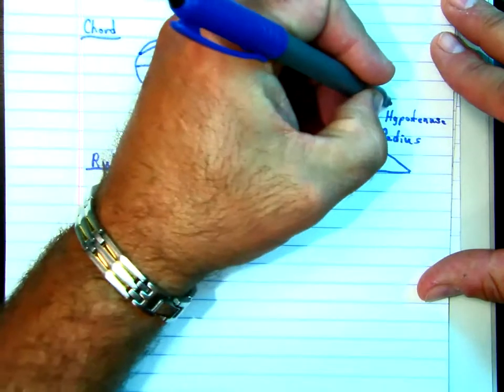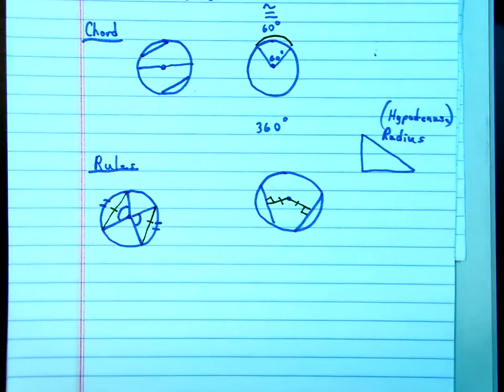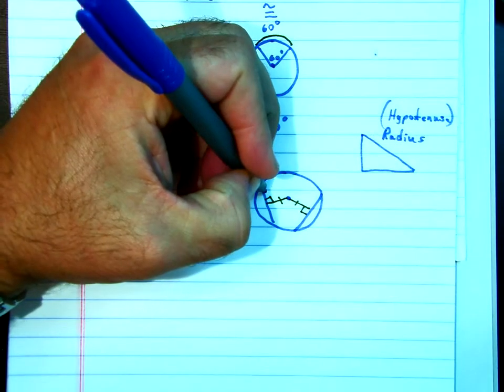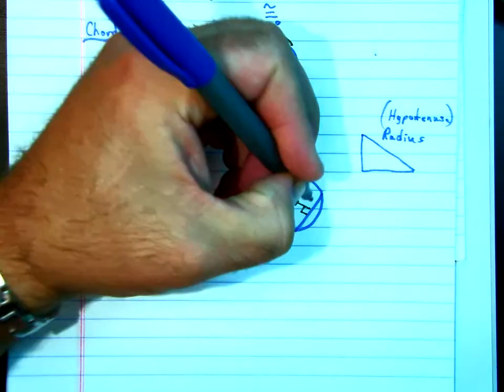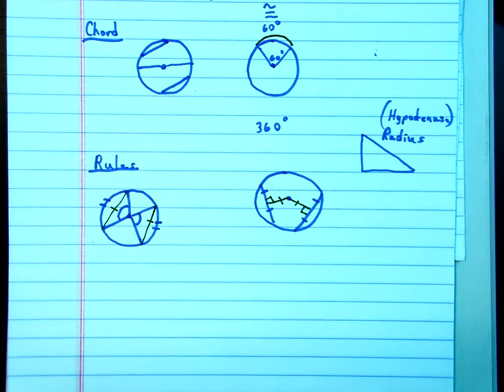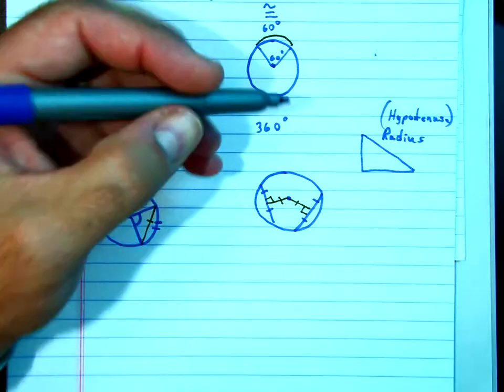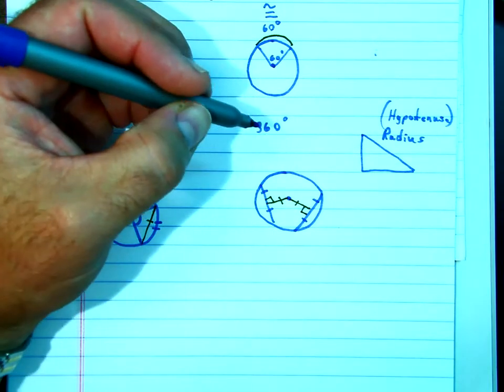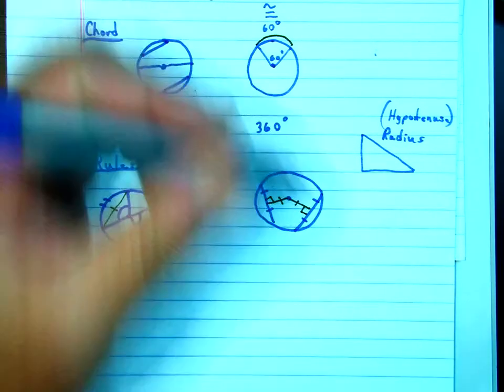So understanding those two big concepts. One, if your chord is the same distance from the center, then the chords are equal. And if the chords are equal, then they're the same distance from the center. Okay? And then you can put measurements on them. Hopefully you also know that there's going to be perpendicular bisecting. So all those segments would be the same measurement as well.